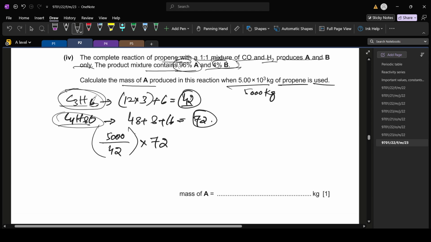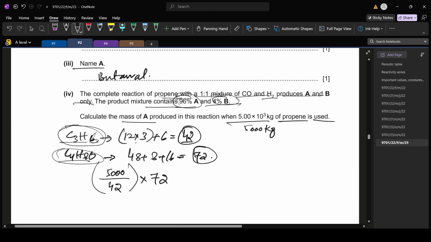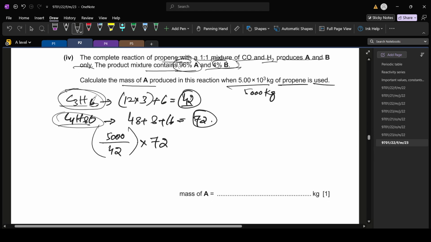So you will find the mass by multiplying it with this Mr. Okay, so this is your mass of the C4H8O which is produced. Now in this mass you have 96 percent of A, so you will multiply it with 96 percent to get the mass of A which is produced.